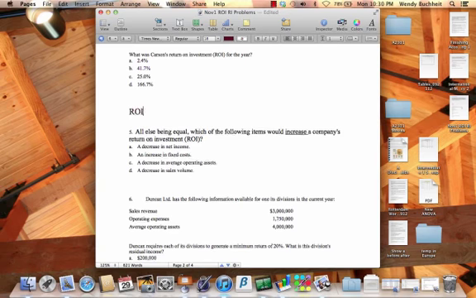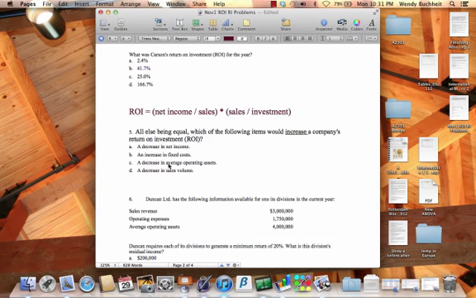Like the whole ROI with the margin piece, the net income or operating income divided by sales. Sit there and look at the formula. And second piece is turnover. Right, will any of these things increase ROI?